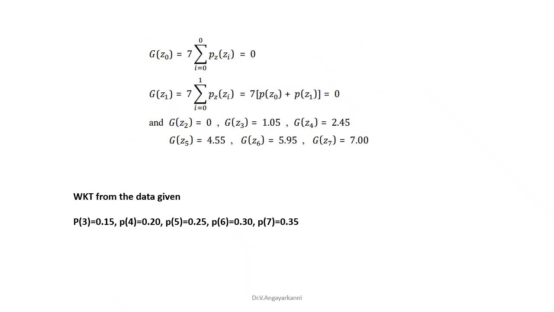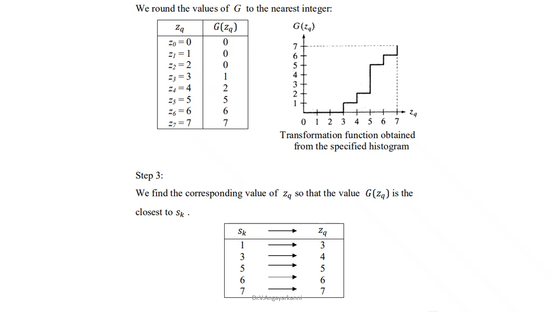So next step, we have to calculate the capital G. Same way as we did in the earlier step, we use those values, rounded values, and then calculate it. Then we know from the data given that P of 3 is equal to 0.15, 4 is 0.20, 5 is 0.25, 6 is 0.30, 7 is 0.35. Using those values, the transformation function obtained from the specified histogram is drawn.